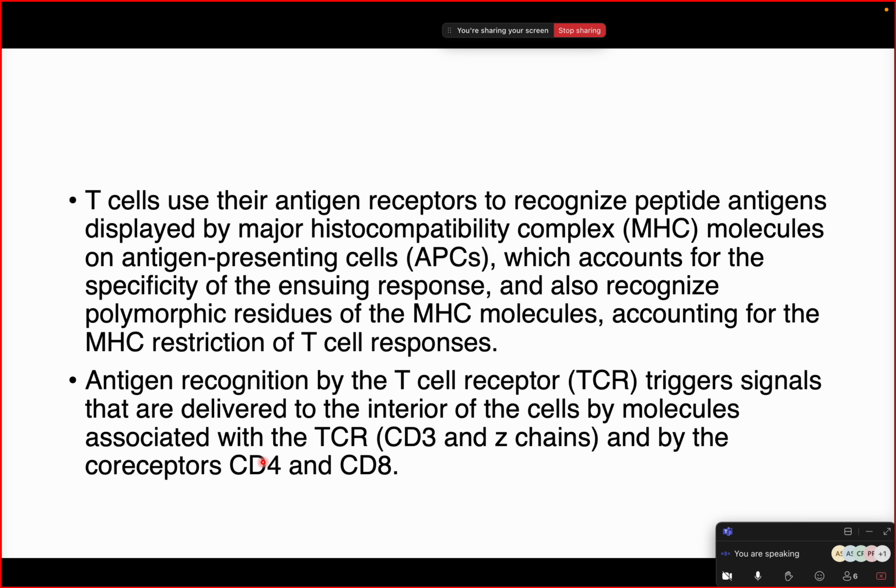Antigen recognition by the T cell receptor triggers signals that are delivered to the interior of the cell by molecules associated with TCR and by the co-receptors CD4 and CD8.